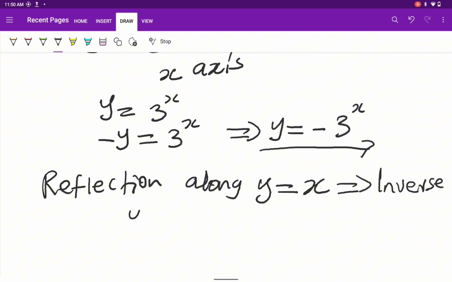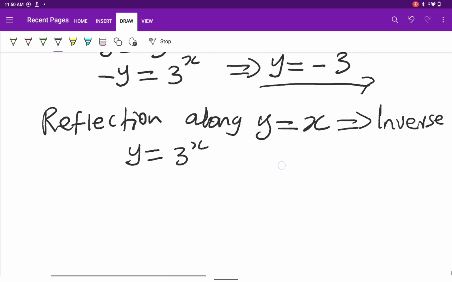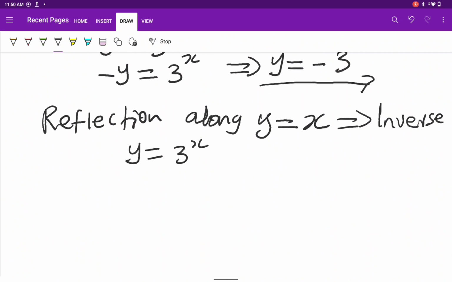So if we look at our function y equals 3 exponent x, step number 1, we will exchange x and y. So we will have x equals 3 exponent y. And then step number 2, we will solve for y. We will make y the subject of the formula.